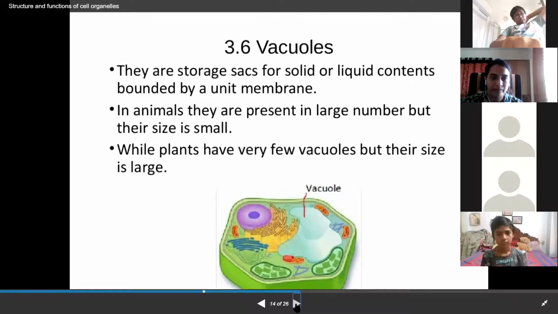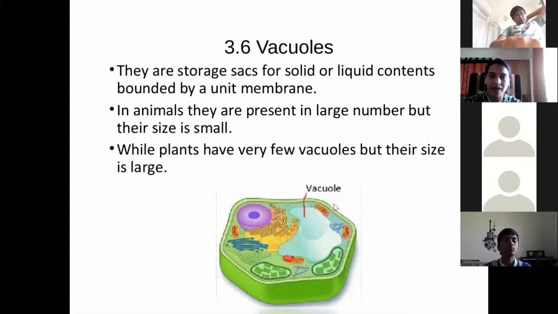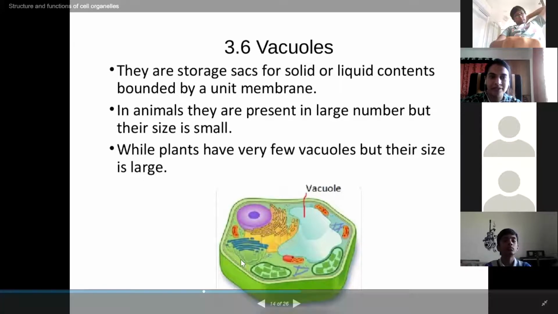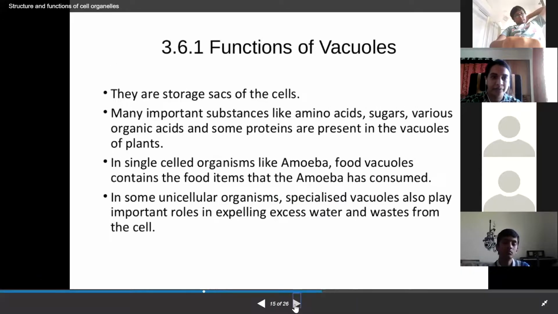Now, what are vacuoles? Like I told you before, vacuoles are large and permanent in plant cells, whereas they are small and temporary in animal cells. Now, what is the function of vacuole? Vacuoles are storage sacs and they have important substances like amino acids, sugars, organic acids and proteins.